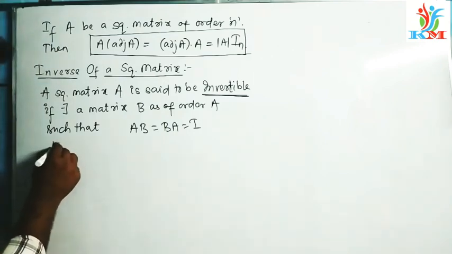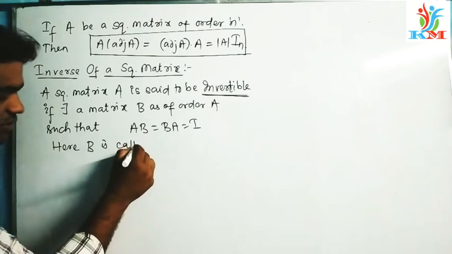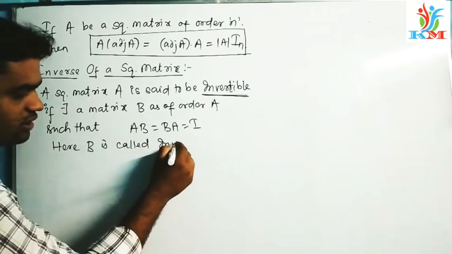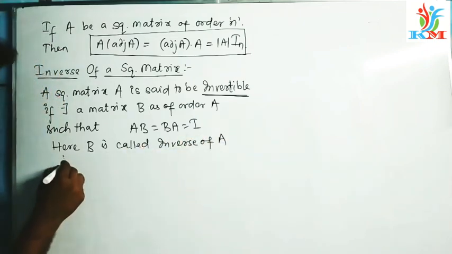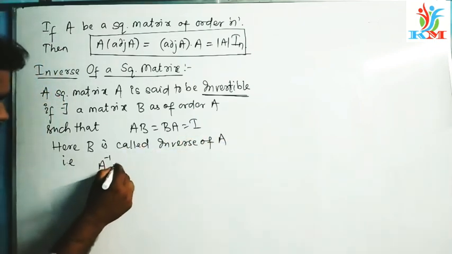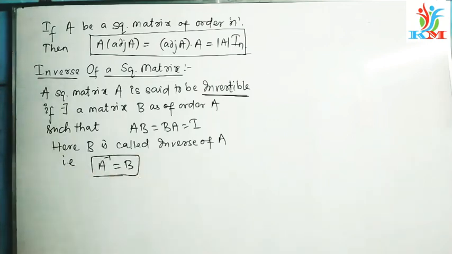Here B is called the inverse of A, that is, A inverse is equal to B. In the videos on matrices we already discussed how to find the inverse of a matrix by using elementary transformations.